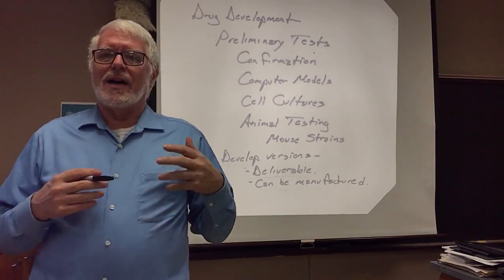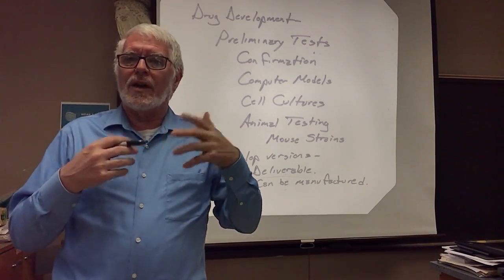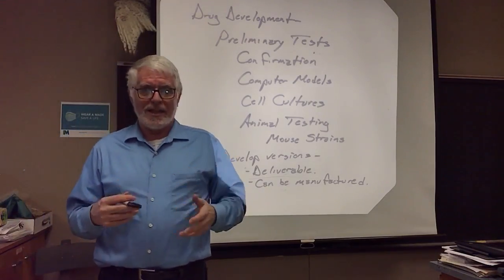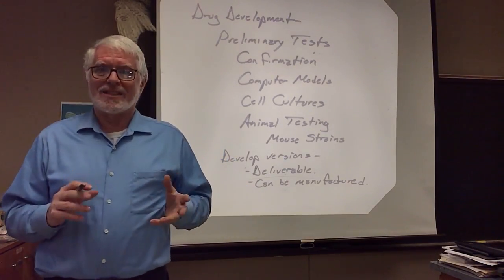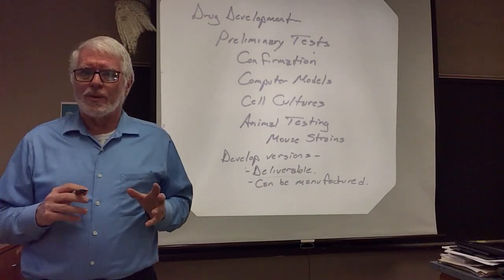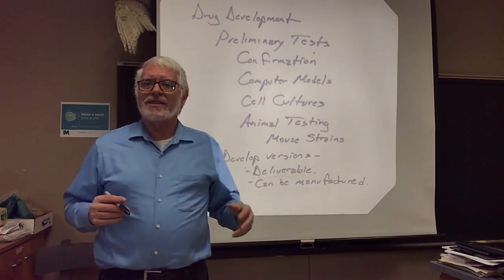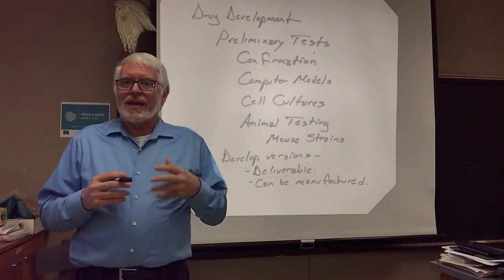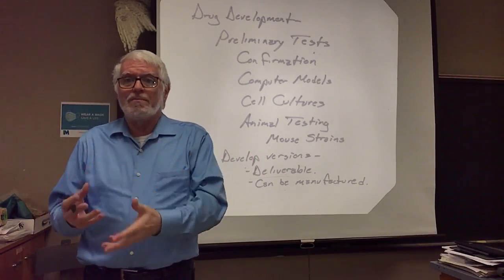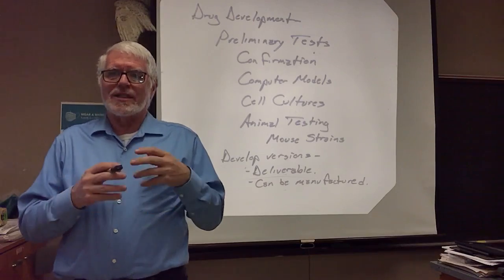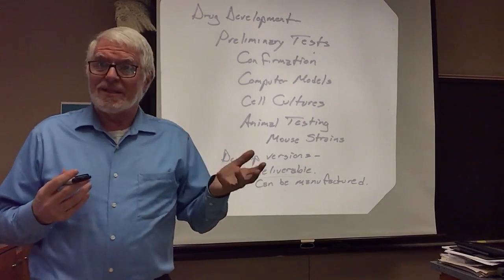If you have a chemical that you are going to throw at a chronic condition, so you're going to give it to people over and over and over, if they easily develop allergies to it, that's not going to be really deliverable over the long term. And not too surprisingly, it's got to be something that once it's approved, you can actually make it in decent amounts that you can actually sell it and make some money on it.